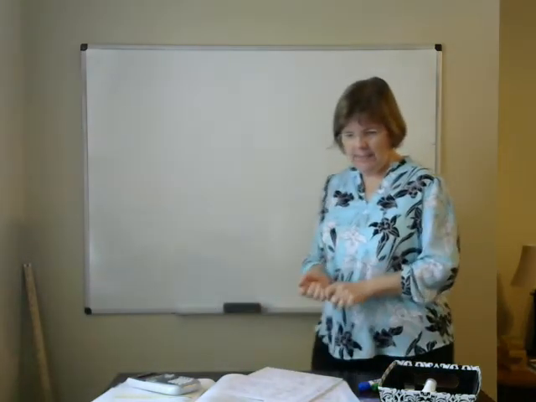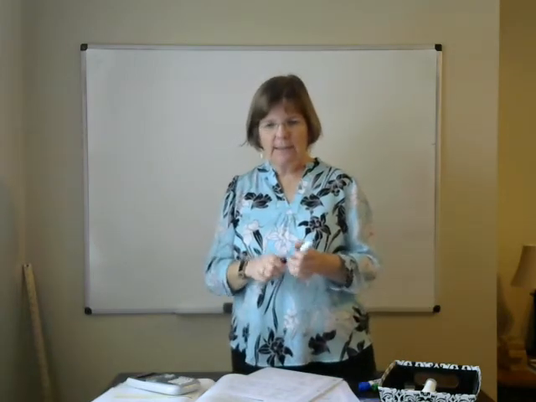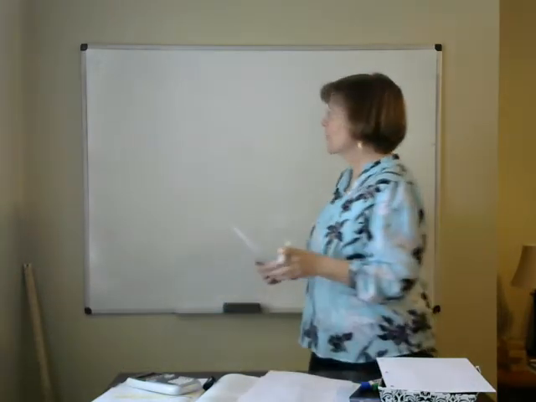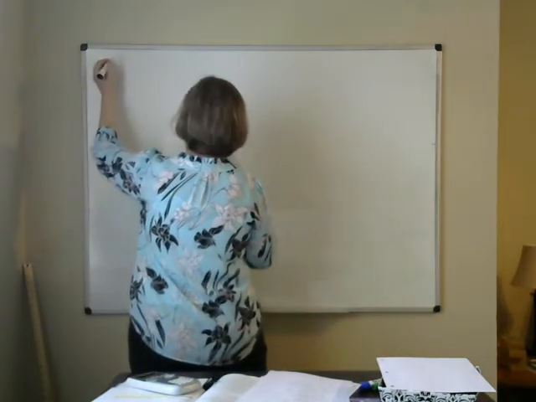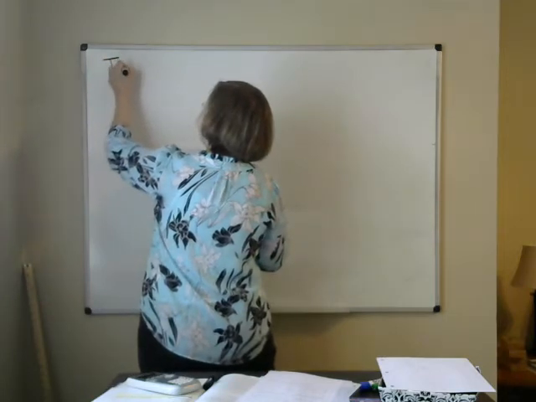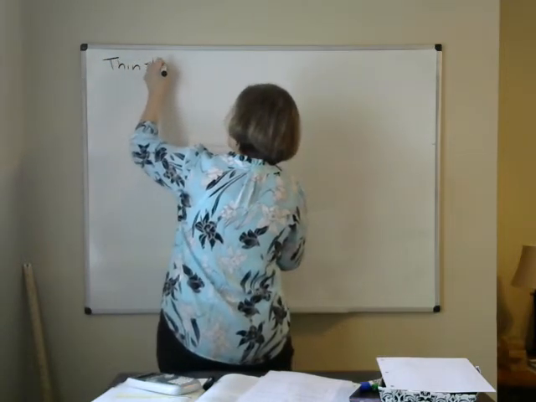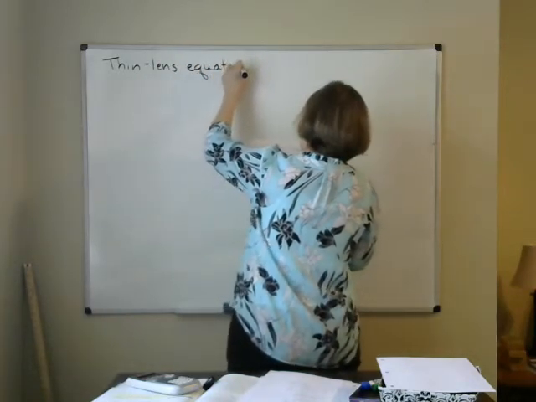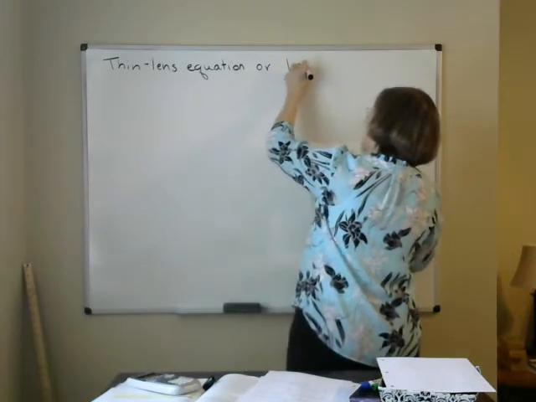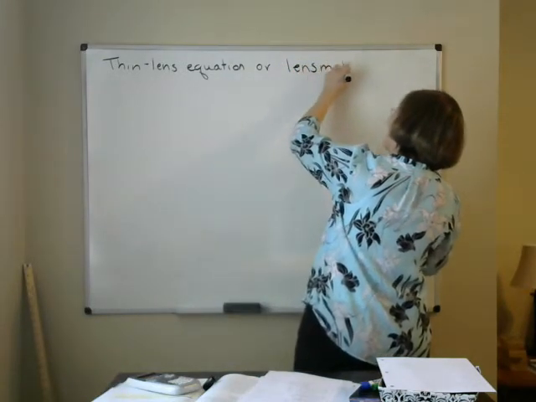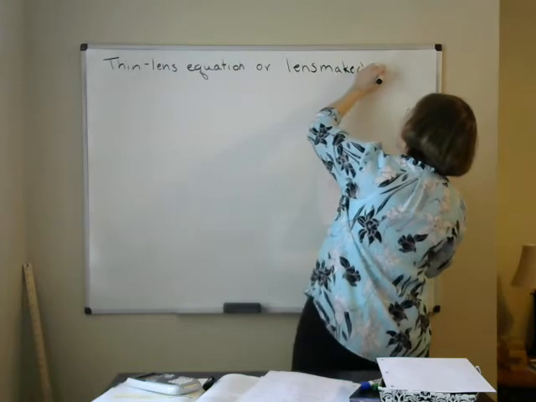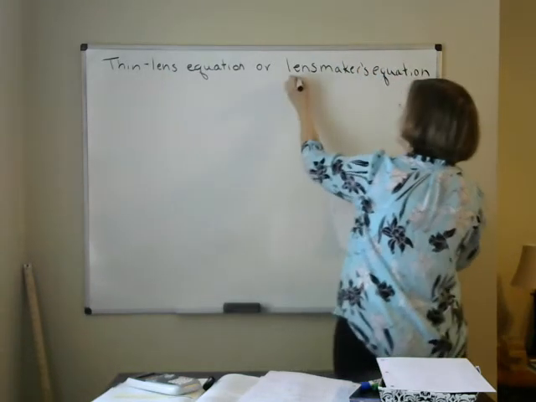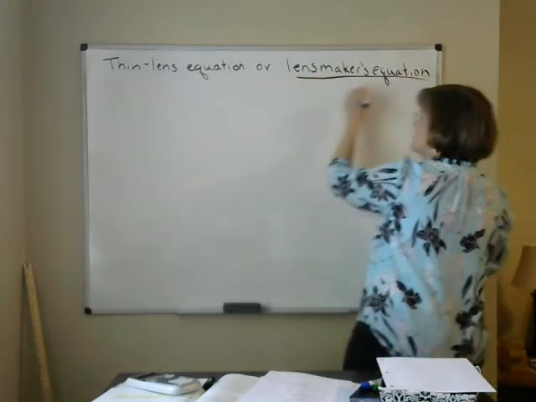The final big idea that I want to talk about in this segment is something called either the thin lens equation or the lens maker equation. I think when I first learned it, we called it the lens maker's equation.